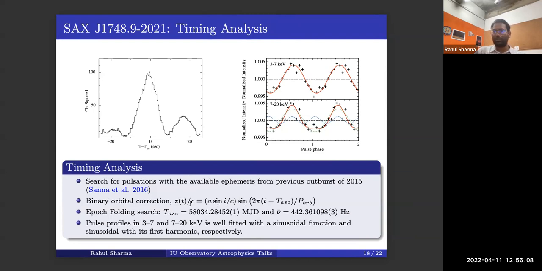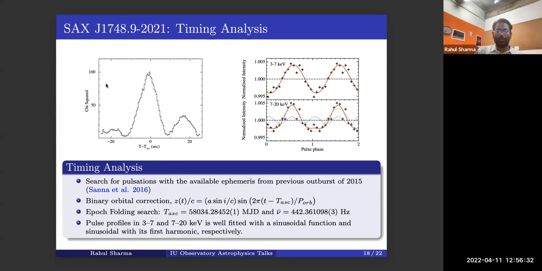The last outburst was in 2015, so we used the 2015 values of ephemeris. We used the same value of orbital period and projected semi-major axis. We just changed the time of ascending node, and we searched for different values of the ascending node.